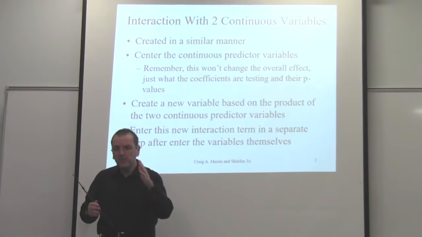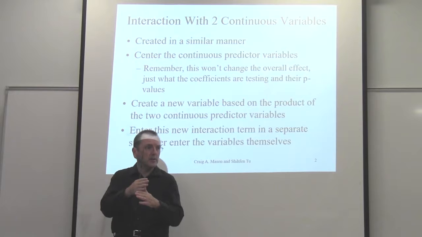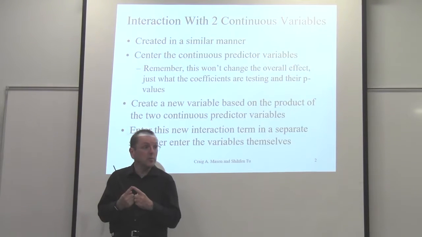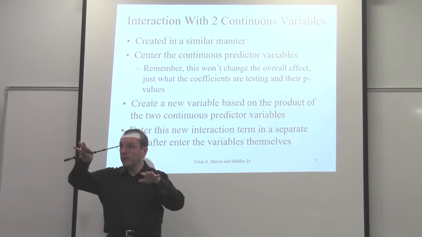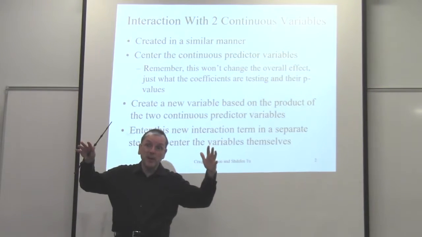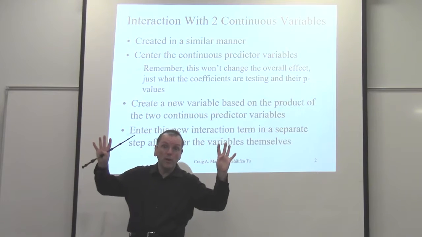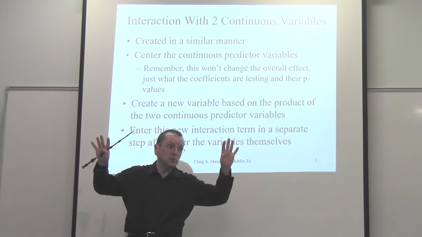So far we've talked about interactions where we look at two categorical variables, where you multiply every dummy variable here with every dummy variable there. If you think about it, let's say you've got two 4-level groups, race/ethnicity and type of school.